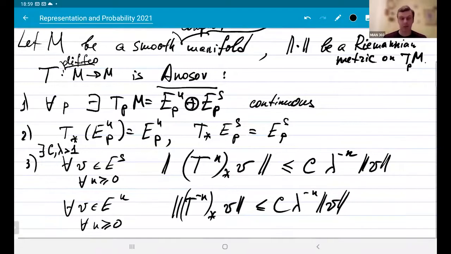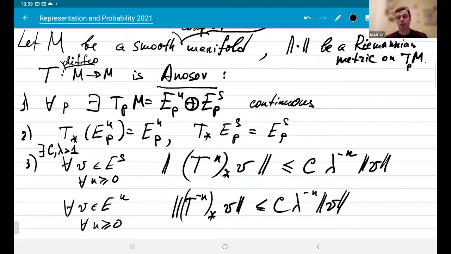In fact, this can be generalized further, when all that is written here holds not for all points of our space, but for some subset. This is also an interesting case, when we have this only for some compact set inside our space. But let us consider only this case.